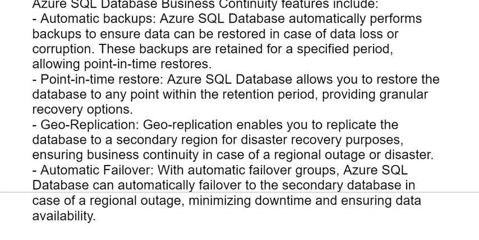And the last one is automatic failover. With automatic failover groups, Azure SQL database can automatically fail over to the secondary database in case of regional outage, minimizing downtime and ensuring data availability.